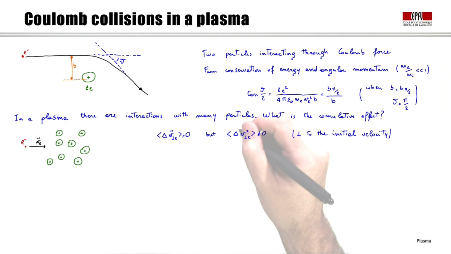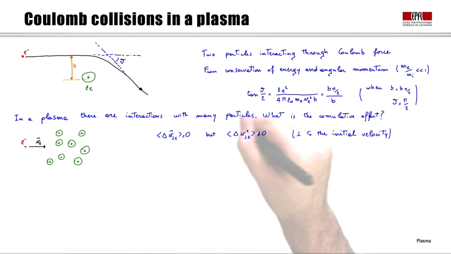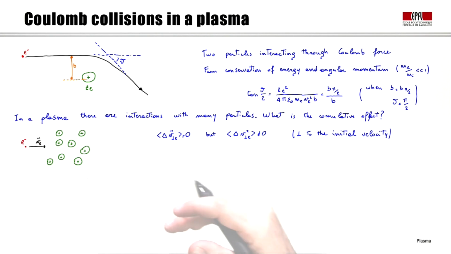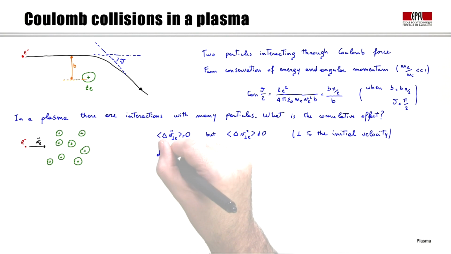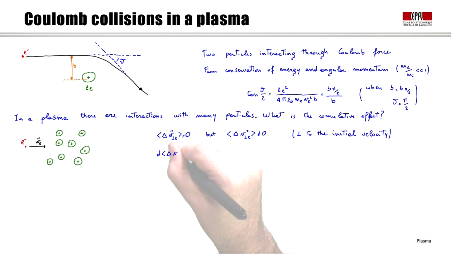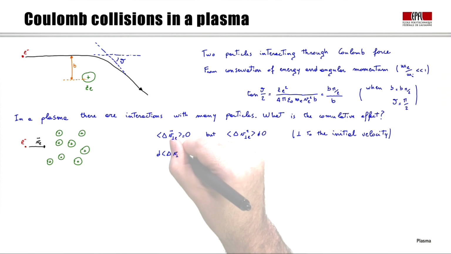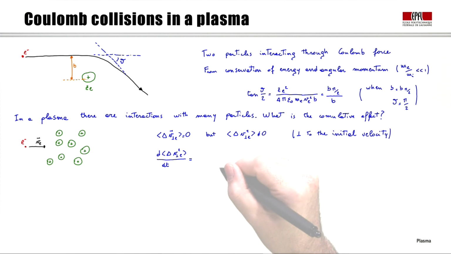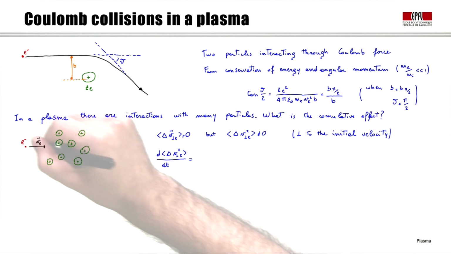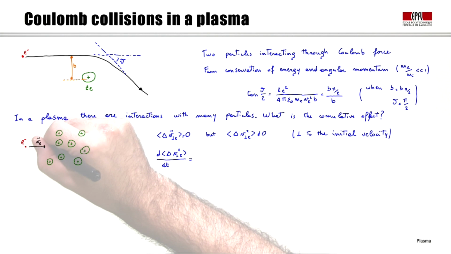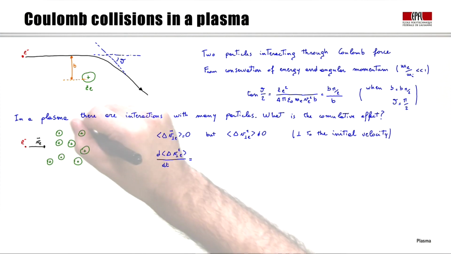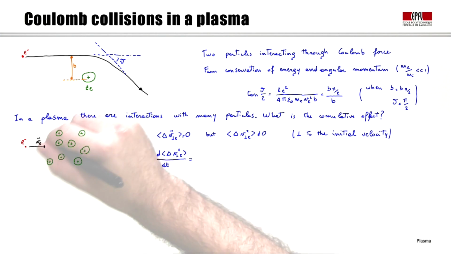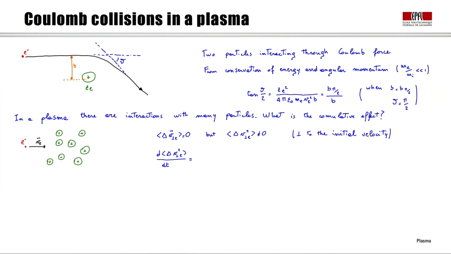Now, if we want to evaluate the spreading of the perpendicular velocity as a function of time, this derivative will be due to the interaction of the electron with the particles that are all located at different impact parameters.